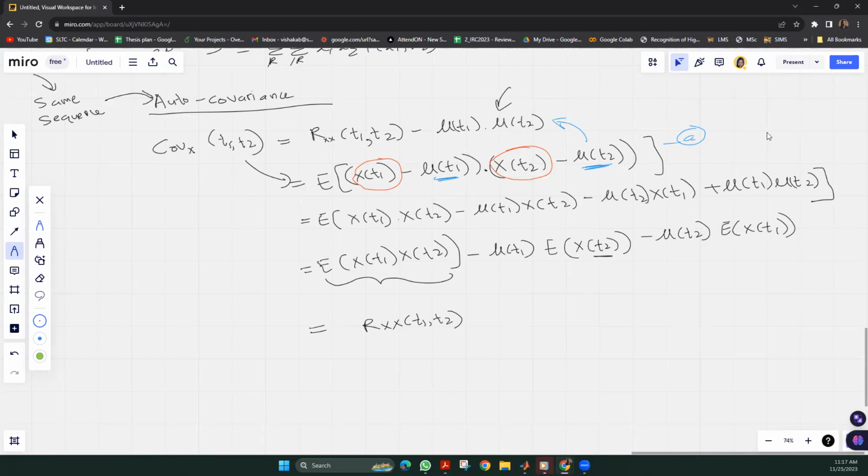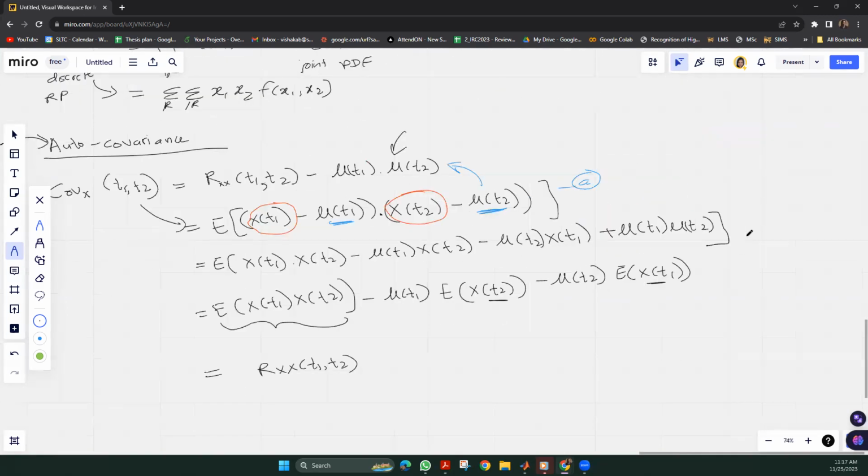So xt1, xt2 are random variables, and we are left with these mu terms. The mu terms are constants, so they remain the same even though we apply the expectation operation. Once we take these into consideration, what appears is mu t1 mu t2 minus mu t2 mu t1 plus mu t1 mu t2.